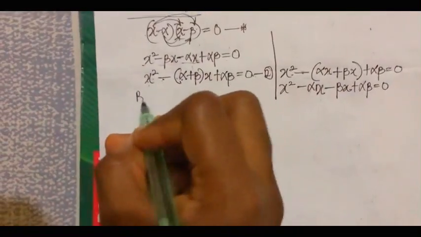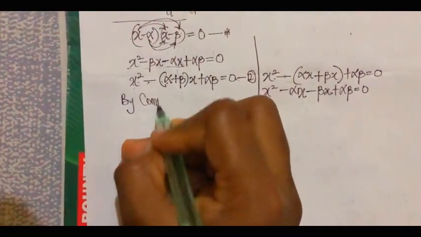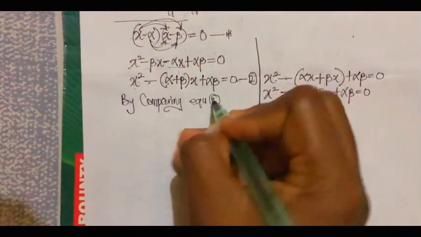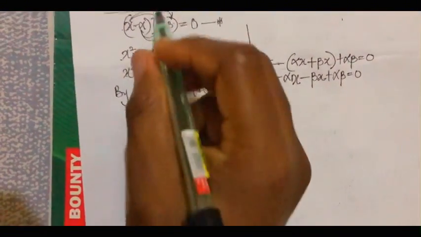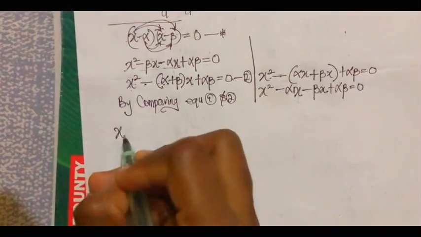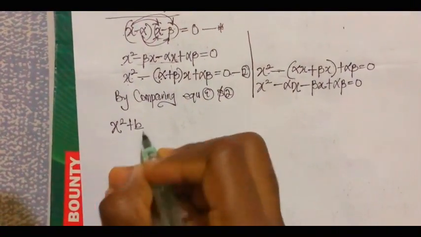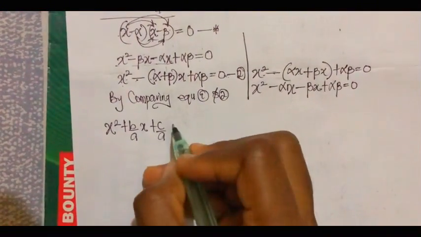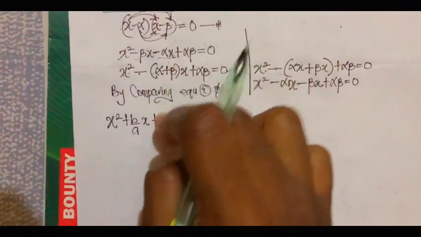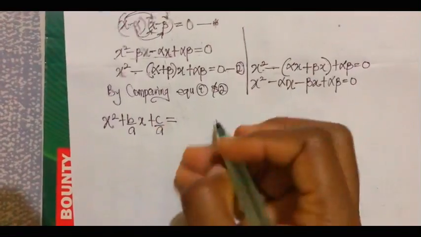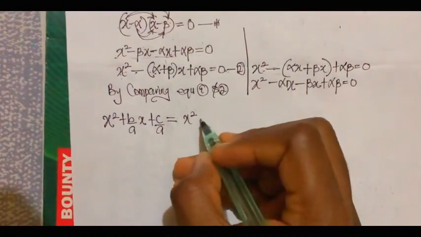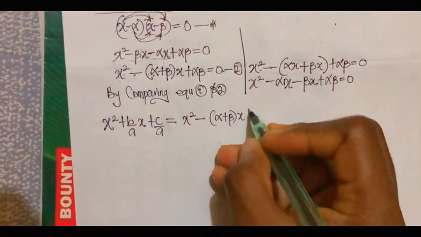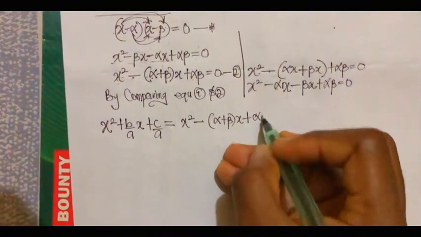By comparing equation 1 and 2, let me write equation 1 here: x squared plus b over a x plus c over a equals x squared minus alpha plus beta x plus alpha beta.